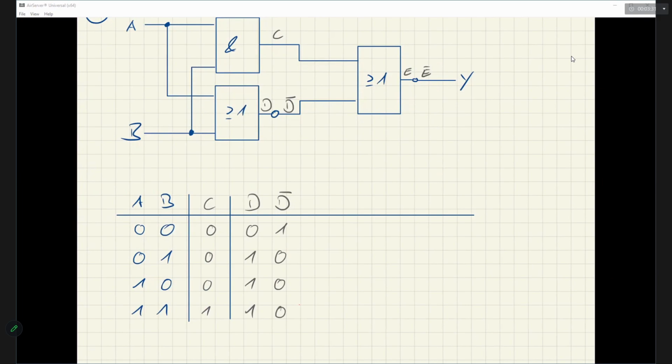And now our E is C or D not. So if C is 1 or D not is 1, then our E is 1. So D not is 1 here, and C is 1 there.